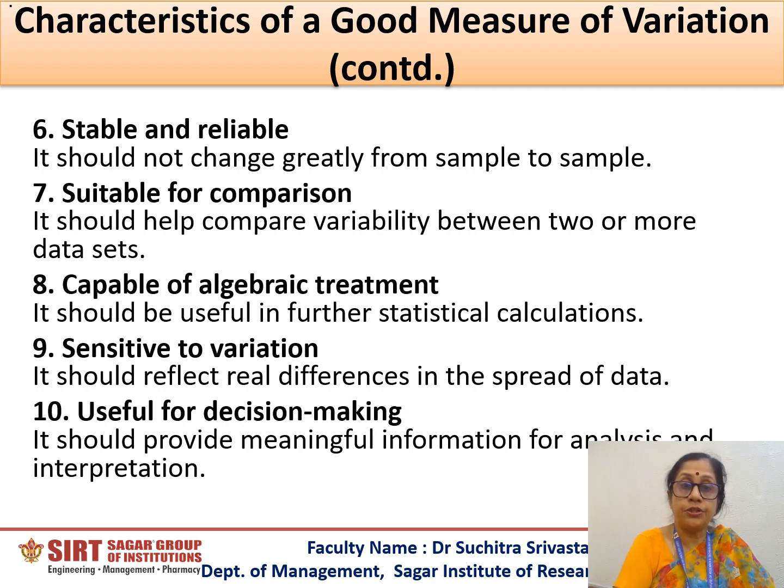That is, it should reflect the real differences in the spread of the data. And the last point is, it should help in decision making. That is, it should provide meaningful information for analysis, interpretation, and in the long run, it should be useful to the managers or the decision makers.